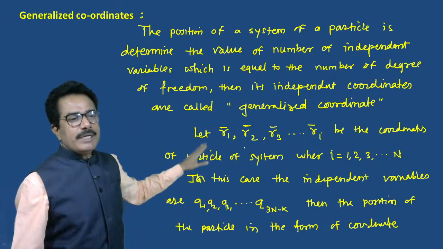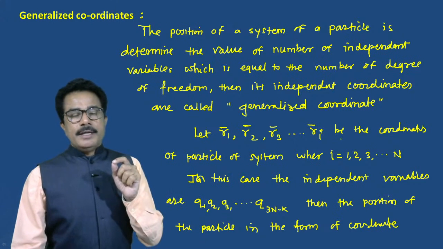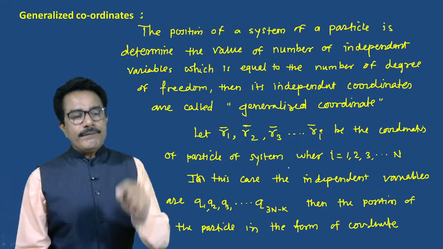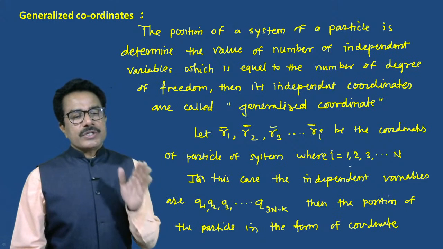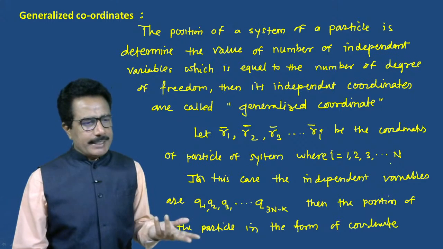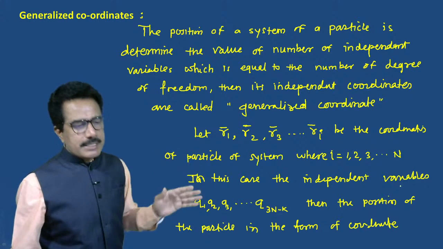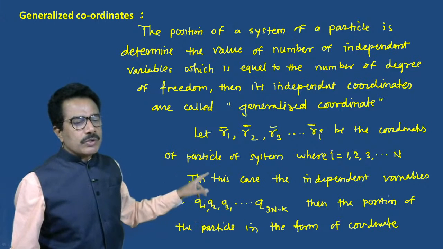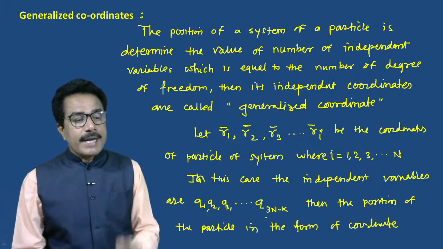Let r1, r2, ... ri be the coordinates of the particles of a system where i is equal to 1, 2, 3, ... n, meaning these are the particles. In this case, the independent variables are q1, q2, q3, ... q3n minus k.